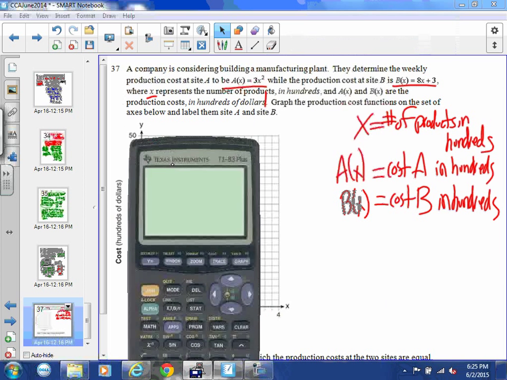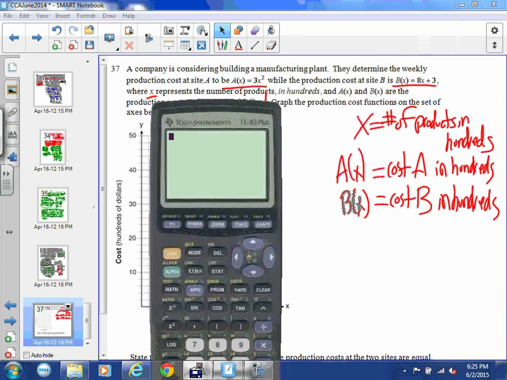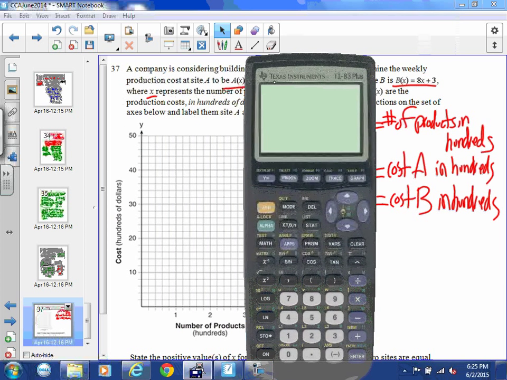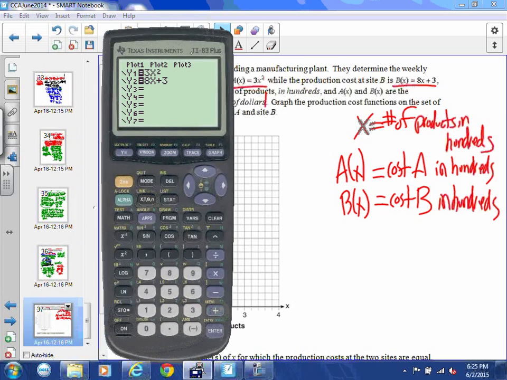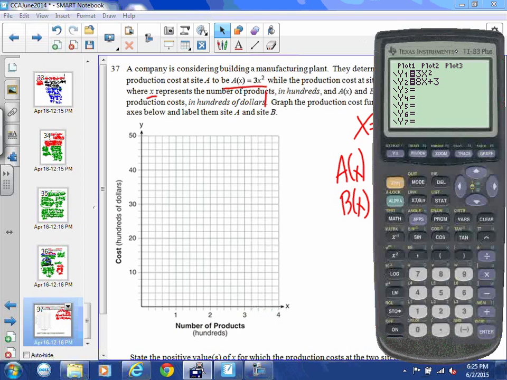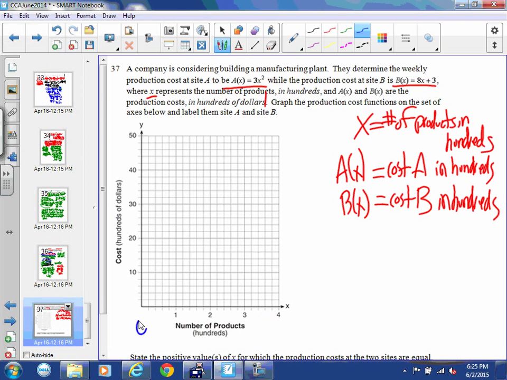So I have 3x squared, and I have 8x plus 3. Notice that the graph they gave me goes from 0 to 4, so I'm only going to plot my x values from 0 to 4.